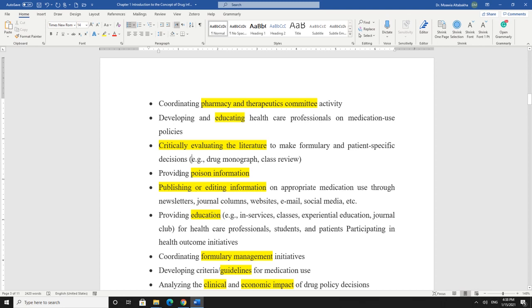Also, like the drug information center, we might have a drug information and poison center. In case there is a poison center, then we can provide the requester, the person who makes the request, with information about, for example, toxicity. Someone has taken so many medication pills and he's having toxicity. What should be done? How do we deal with such cases?